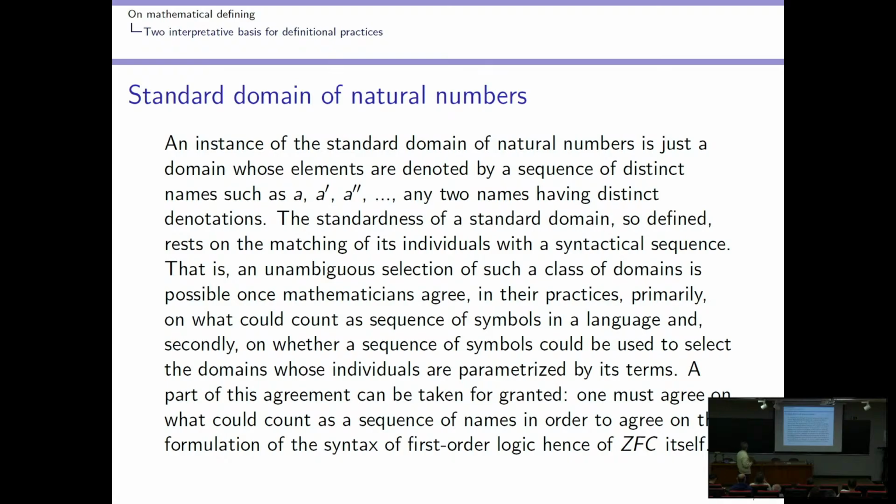Oh, but I am speaking about the standard domain of natural numbers. What is it? So an instance, right? There are many instances. I am not claiming that there is the standard natural numbers, but it is a mathematical notion that has many instances.